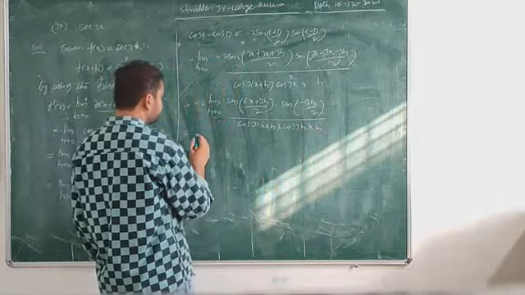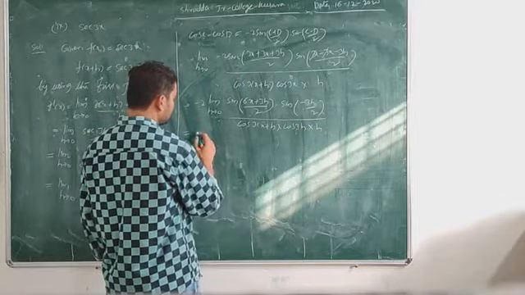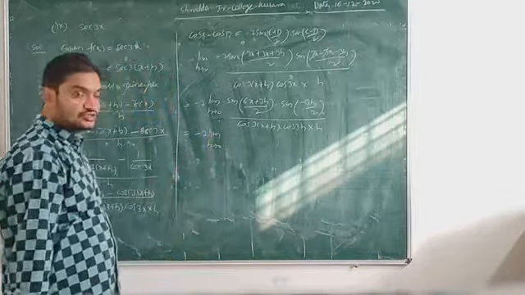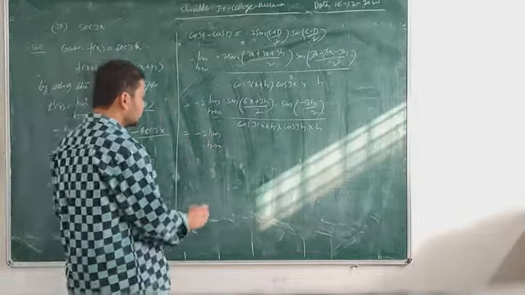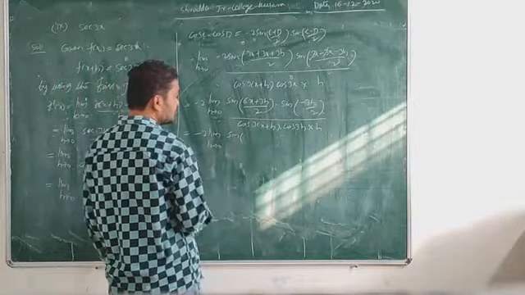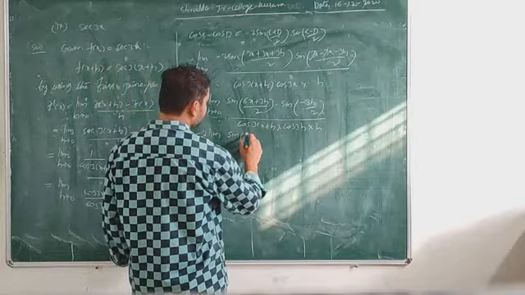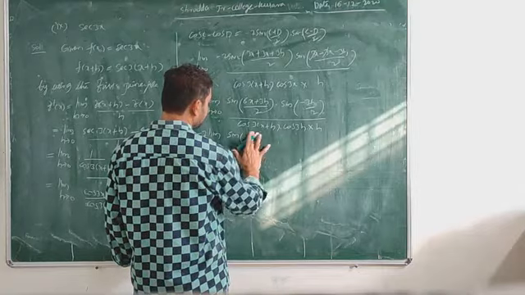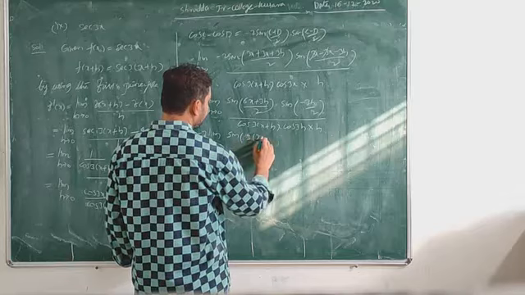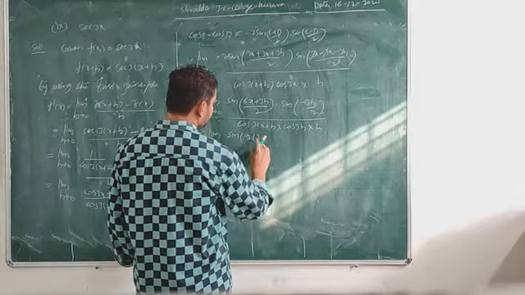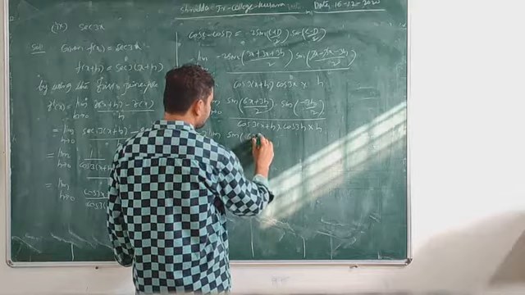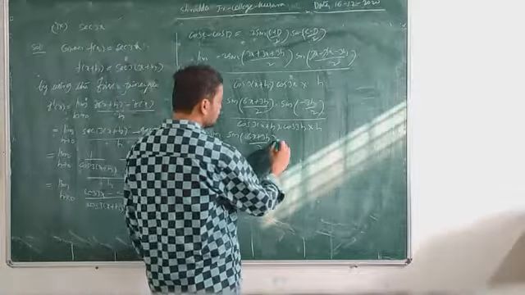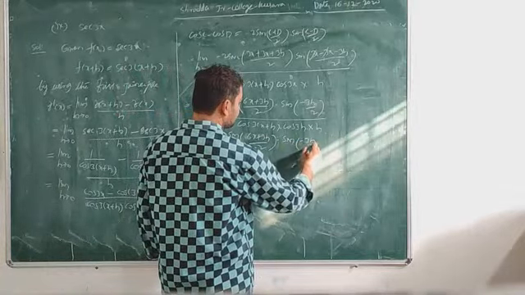Now see here, minus 2 limit h tends to 0 sin of 6x plus 3h by 2 into this is sin of minus 3h by 2.